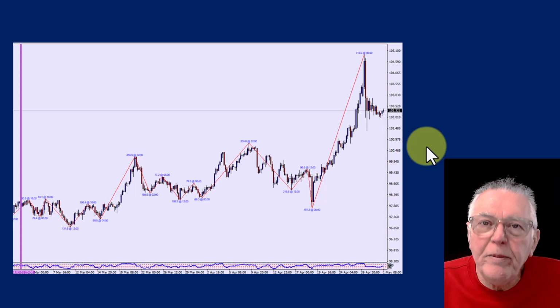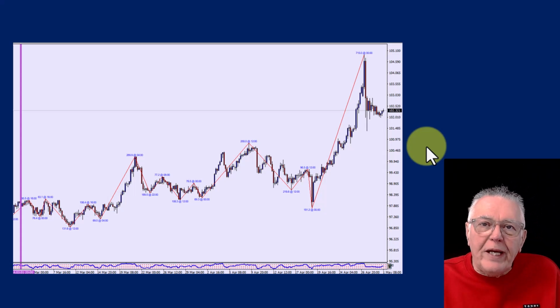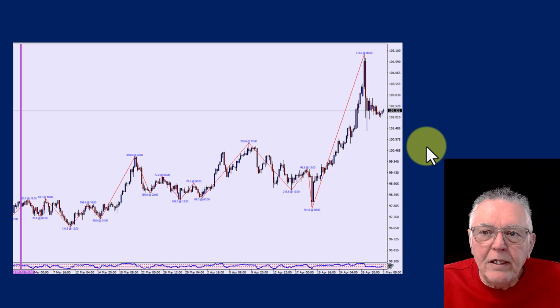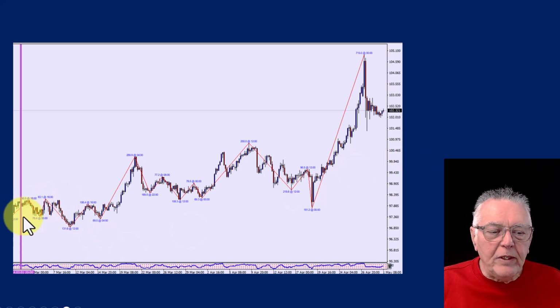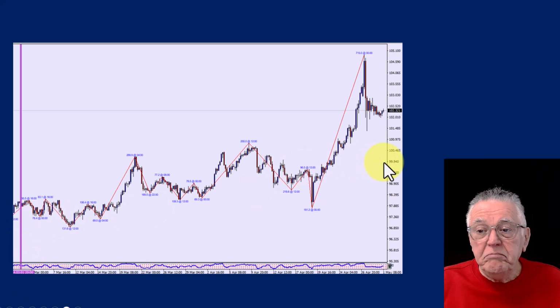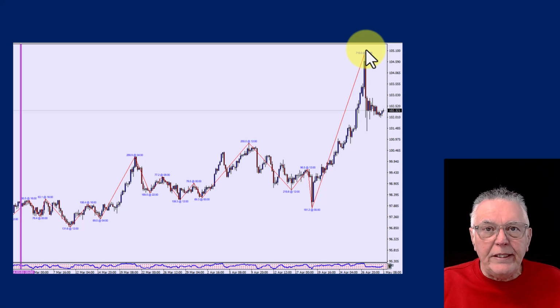Okay, so what I'm going to be showing you is the trading of the Aussie yen that caused a lot of concerns to traders. We're going to trade it from the 1st of March to basically today's date. We are going to be trading through what is almost a normal situation, and then through the highly trending situation.